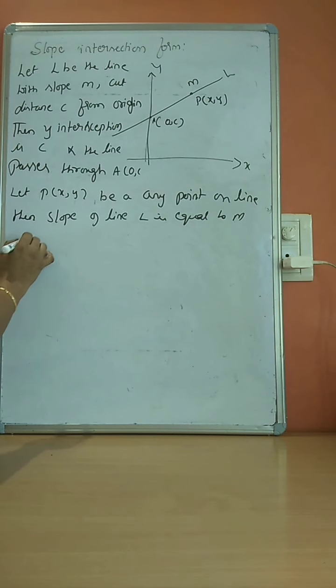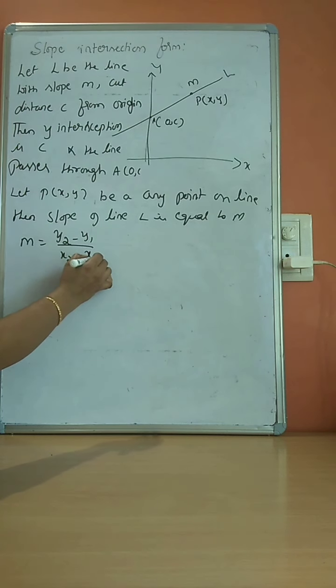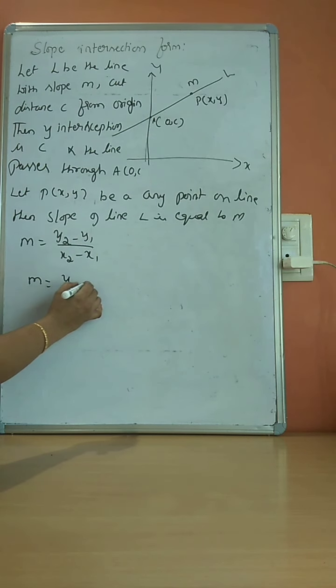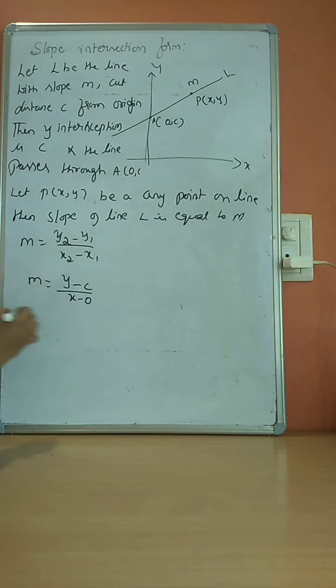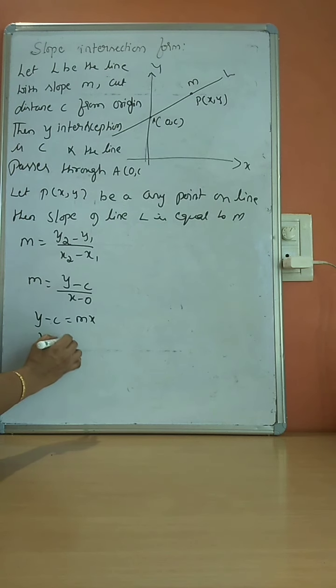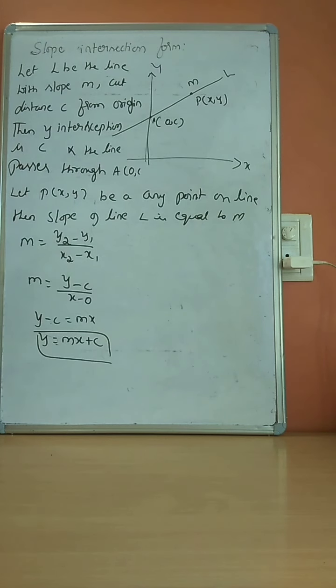Therefore, m must be equal to y2 minus y1 divided by x2 minus x1. Therefore, m is equal to y minus c divided by x minus 0. So y minus c is equal to mx. Therefore, y is equal to mx plus c. That is the slope intercept formula: y is equal to mx plus c is the slope intercept form.